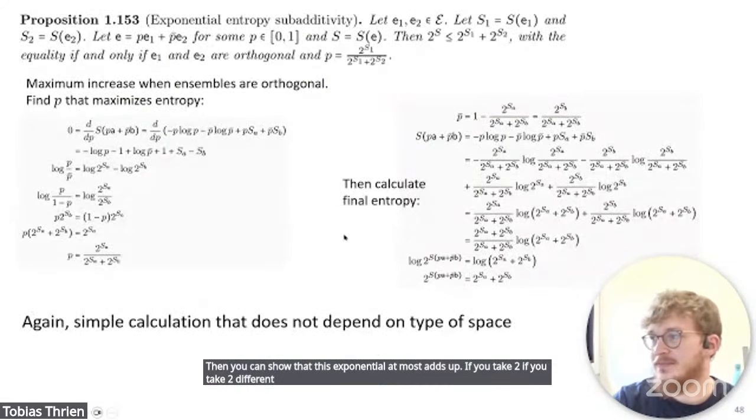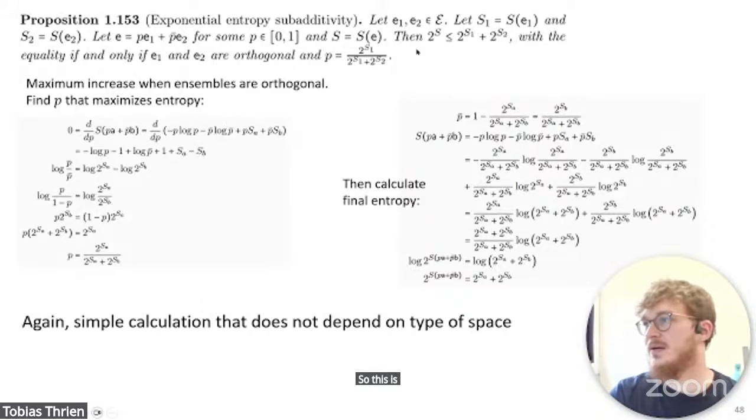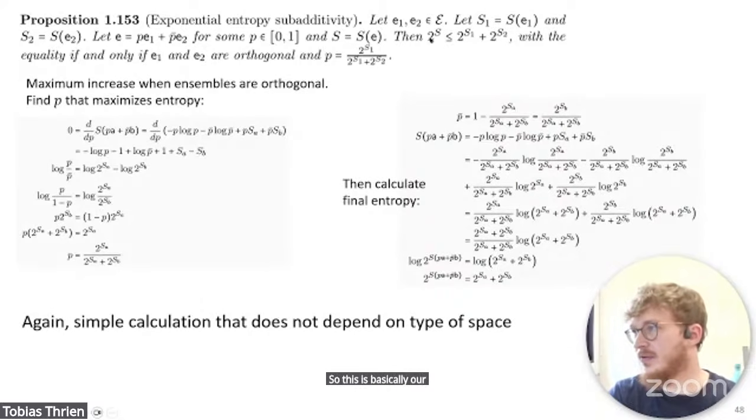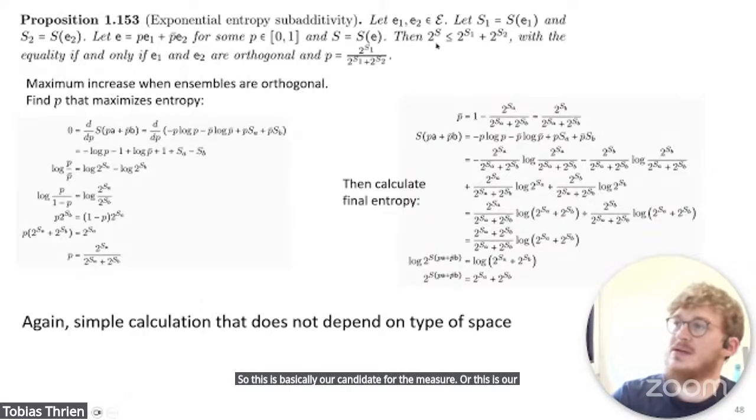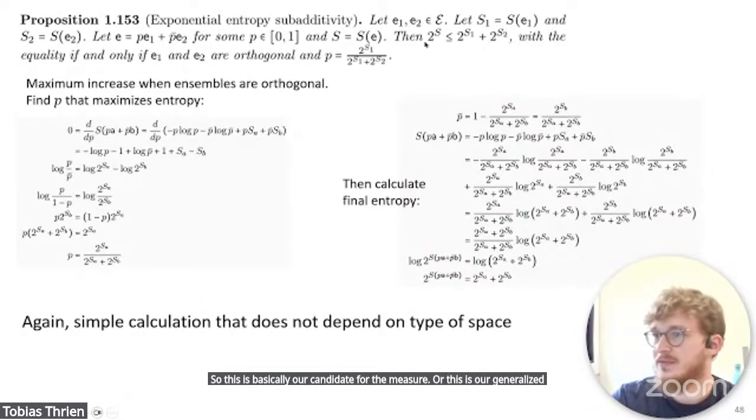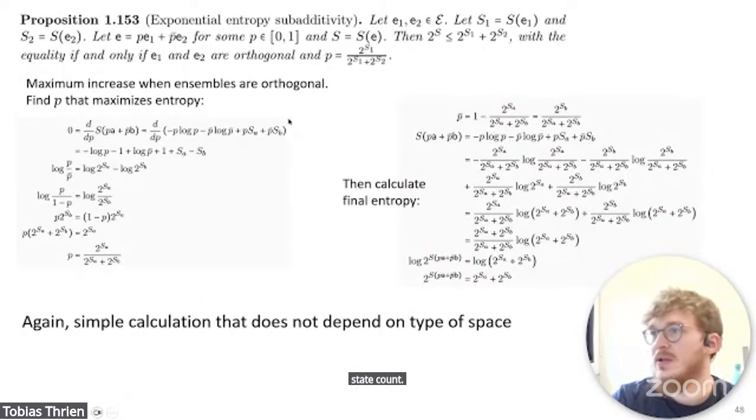So this is basically our candidate for the measure, or this is our generalized state count.